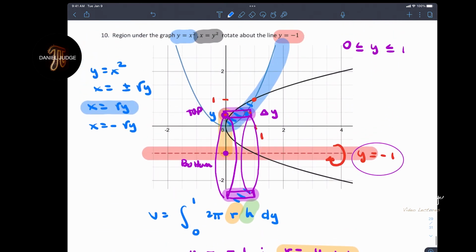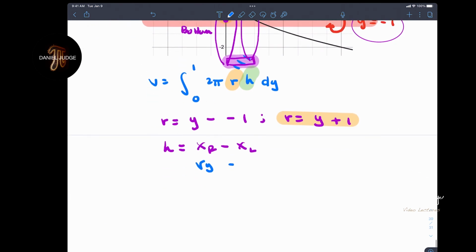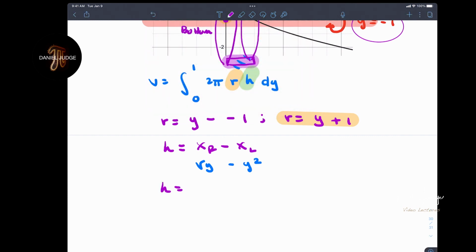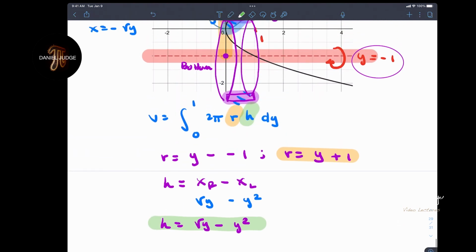Now minus the left portion of the curve, which is here, and that's in black, which is y squared. So my height is the square root of y minus y squared, and this is in green here. So this is the information that we need.